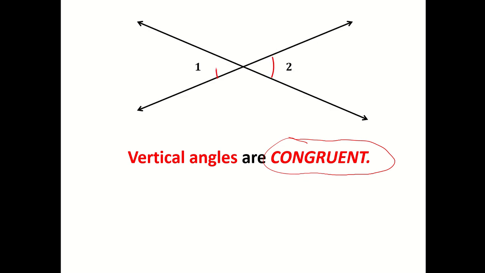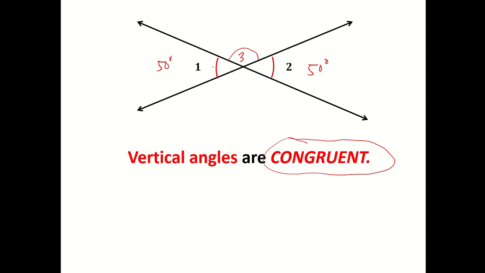So halimbawa, kung sinabi yung angle 1 and 2, these are vertical angles. Yung angle 1, 50 degrees. Yung angle 2, 50 degrees din. Okay, paano natin, example, may angle 3 dito. Paano natin mahanap yung measurement ng angle 3 based sa given natin? Remember that they form a straight line, yung angle 1 and 3. So these angles form a linear pair.